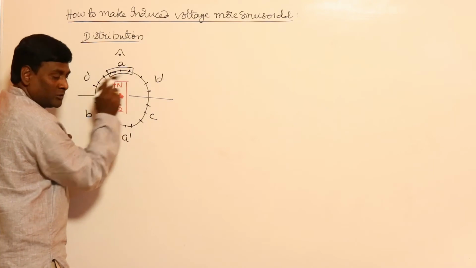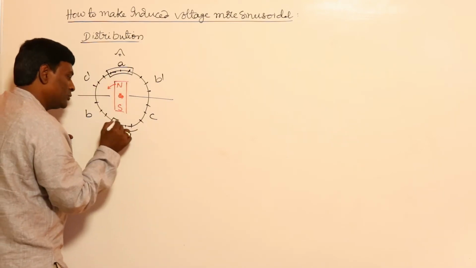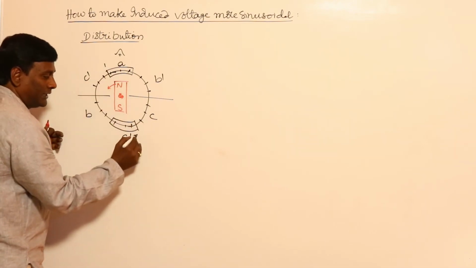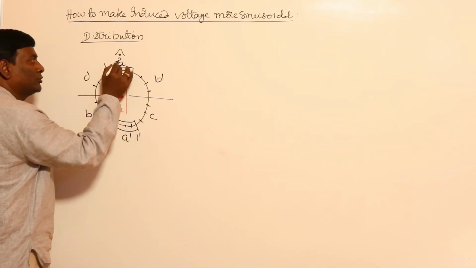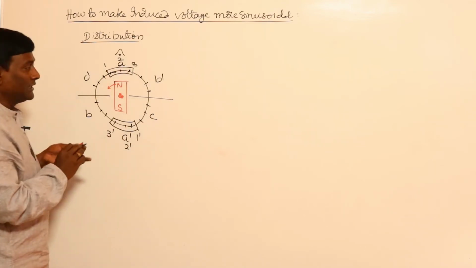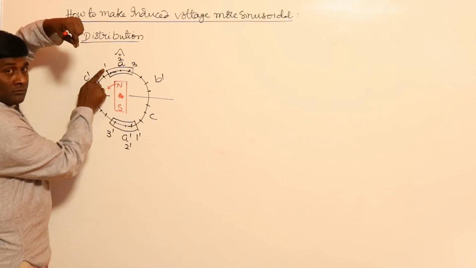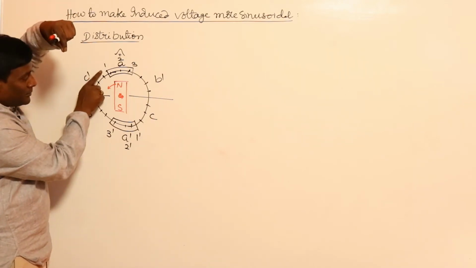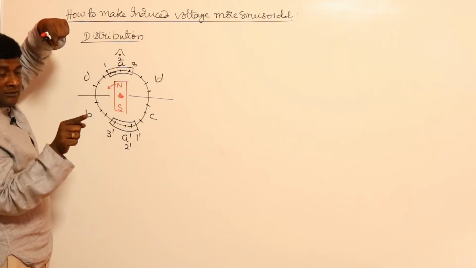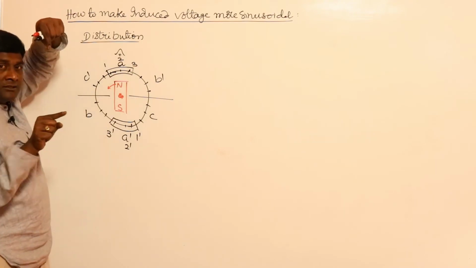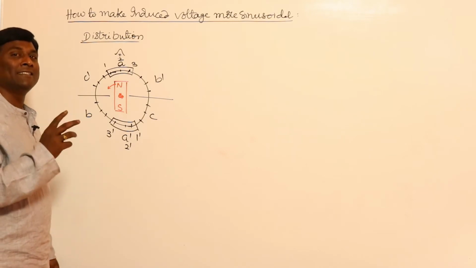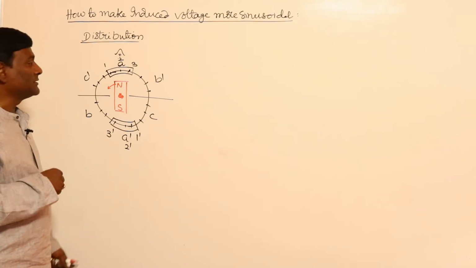So these 3 slots are going to be for A, these 3 slots for A dash, such that A1 dash, A2 dash, A3 dash. A1 conductor, back to back connection 1 dash, again A2, 2 dash, again A3, 3 dash. So all conductors are connected in series. All turns are connected in series.